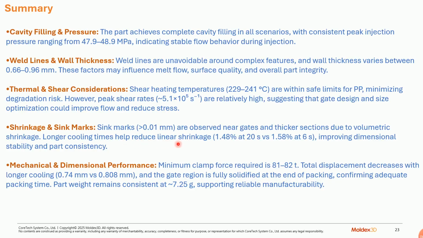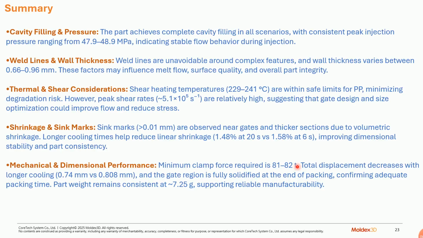Further, while studying the linear shrinkage, the shorter cooling, 6 seconds, shows 1.58 percent and the longer cooling shows 1.48 percent. With respect to the requirement, the customer can decide whether they would like to go with the 6 seconds cooling or 20 seconds cooling. Regarding the clamping force, for all the scenarios, the average clamp force seems to be 81 tons to 82 tons.